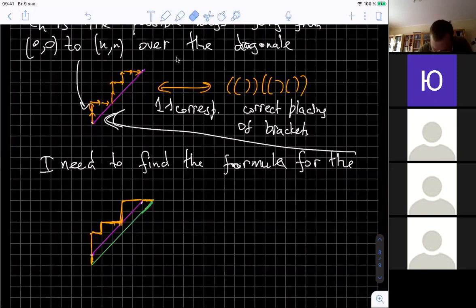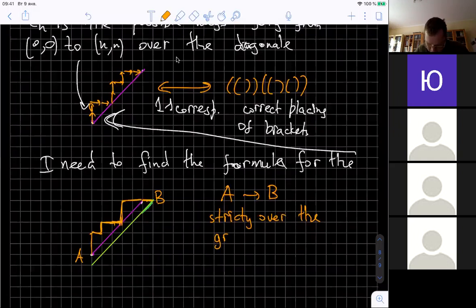So for example, here I will have the routes from A to B. I can fix the points A and B, and I can find all the possible ways of going from A to B strictly over the diagonal, and I want to construct a one-to-one correspondence between this one and some arbitrary route from A to B.